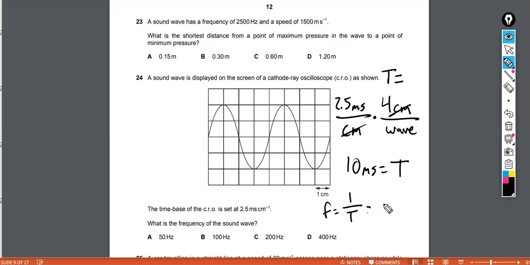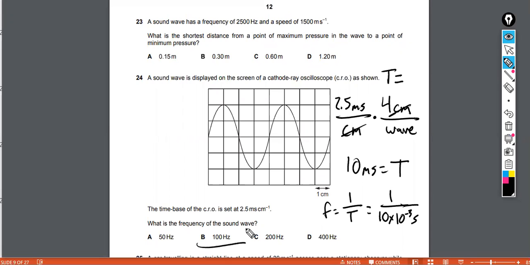So 1 divided by 10, and now I'll convert to milli. You could have done it up here; convert to milliseconds whenever you want. So 1 divided by 10 milliseconds is 100.